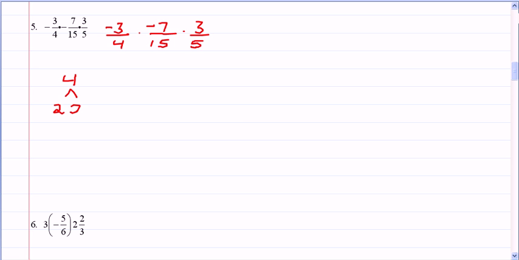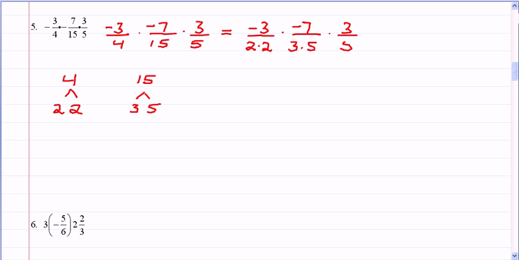So 4's prime factorization is just 2 times 2, and 15's prime factorization is 3 times 5. So I'll rewrite the first fraction as negative 3 over 2 times 2, and then negative 7 over 15 as negative 7 over 3 times 5, and then just times 3 over 5.